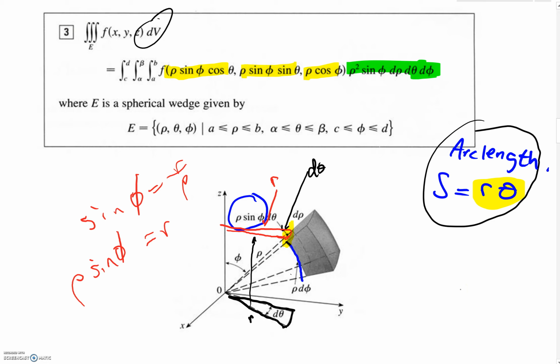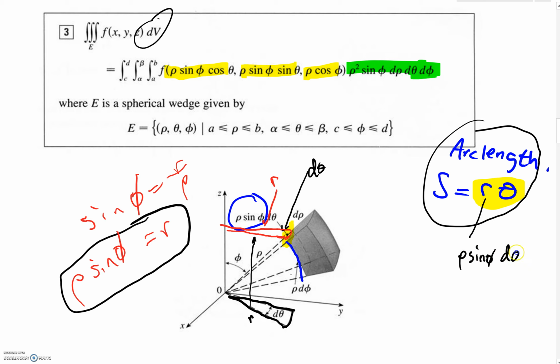But remember what we saw with r on the front page of the notes. r, we proved, was always rho times the sine of phi. Some people say phi instead of phi. But as you're looking at that, then you could say, well, your r is going to be rho sine of phi, and then you'd have your d theta. So that's one dimension of this box.